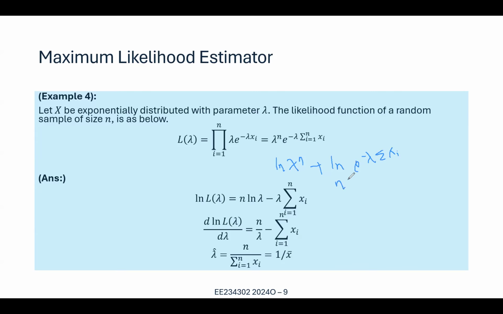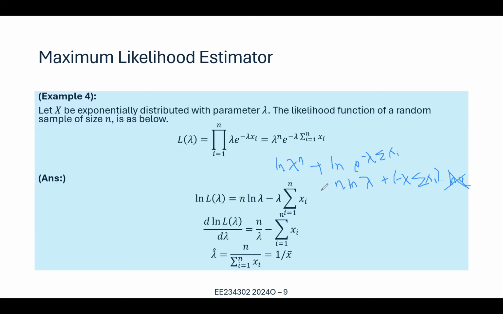So this is n ln lambda plus, now this becomes minus lambda sigma xi times ln e. So ln e is 1, so we just get rid of this.